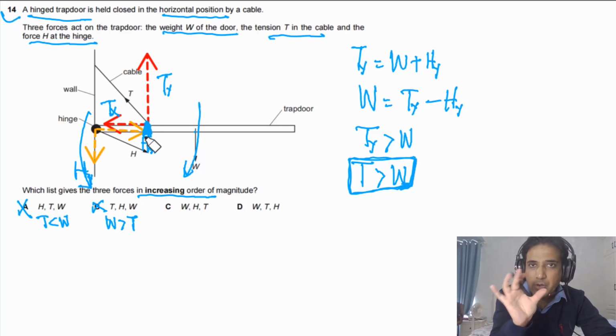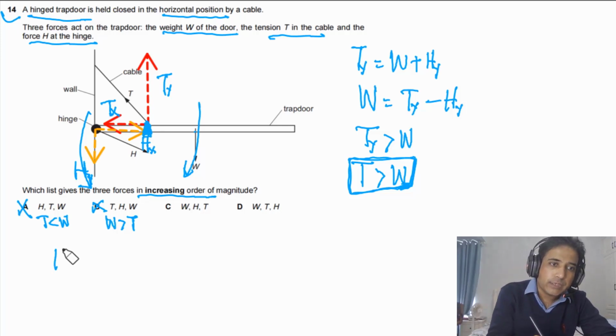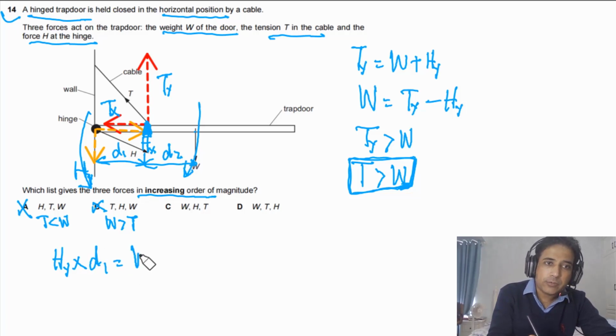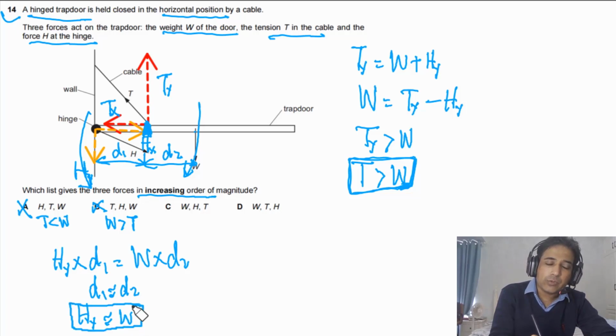We can label this distance d1 and this distance d2, so Hy times d1 has to be equal to W times d2. As in this case d1 is about equal to d2, it means that Hy is about equal to W.